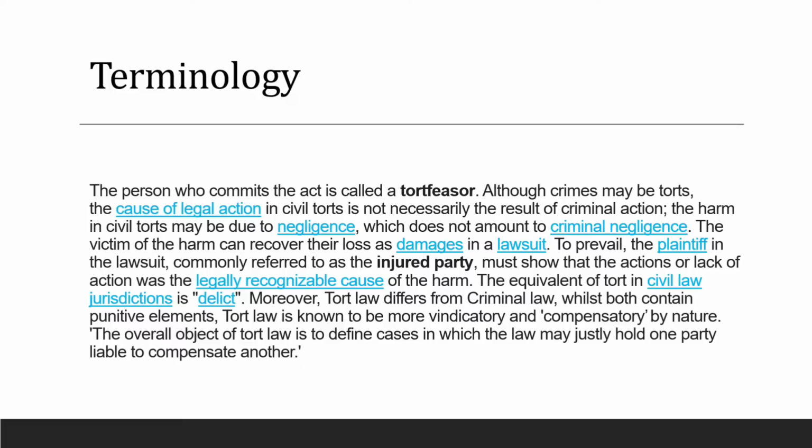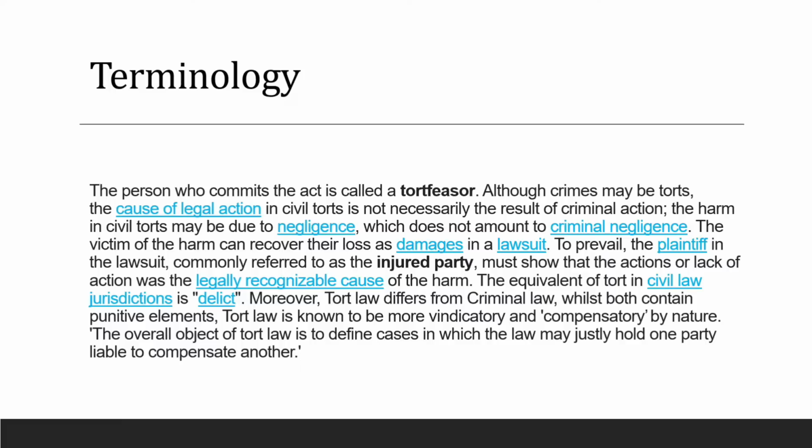To prevail, the plaintiff in the lawsuit, commonly referred to as the injured party, must show that the actions or lack of actions was the legally recognizable cause of the harm.